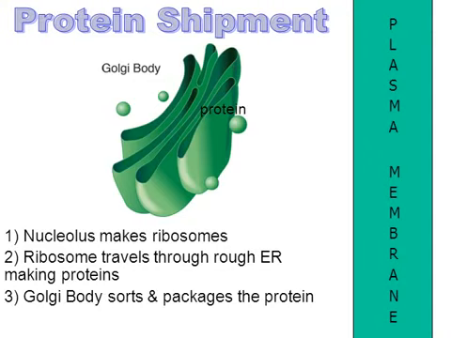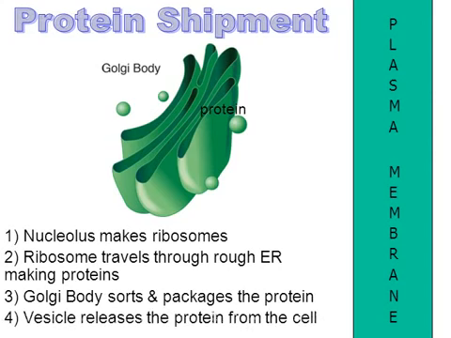Well, when the Golgi body releases the protein, it also will put it in a protective vesicle. So the vesicle is going to be a protective little envelope. Watch this. The protein is put into a protective vesicle and it's released. The vesicle fuses with the cell membrane, and then the protein is simply released from the cell, goes where it's needed.